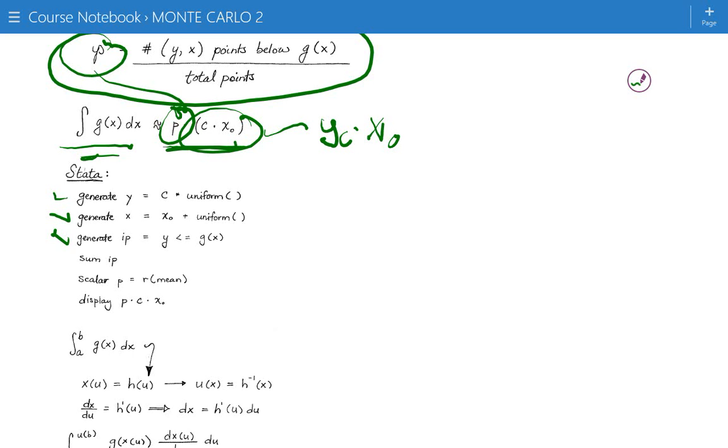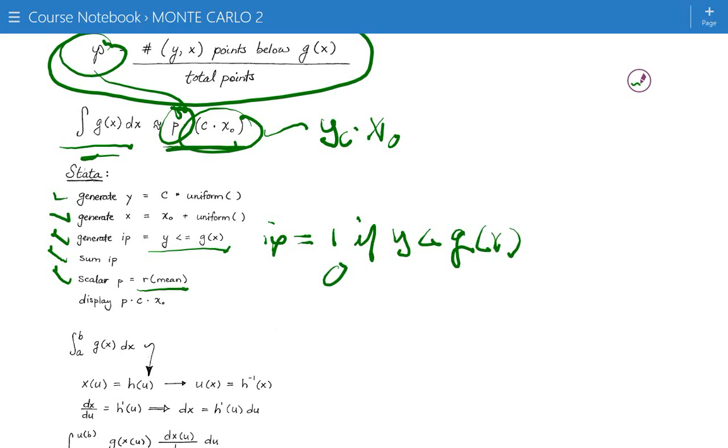And my indicator here would be whether or not y is less than g of x. This is an indicator, meaning that IP is equal to 1 if y is less than g of x, and 0 otherwise.